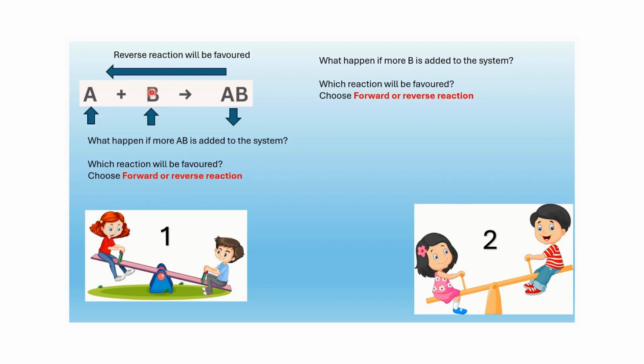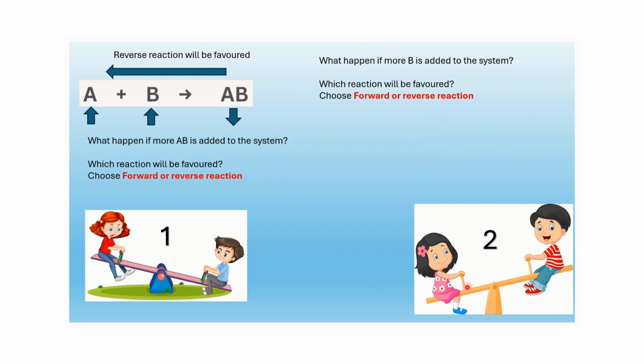More of B simply means that the system is going to tilt like number 2 here, right? If you manage to grasp this concept, this kind of question will never be difficult for you. So the system will tilt like number 2 in this case, and when it tilts like number 2, the ball will be close to this girl.